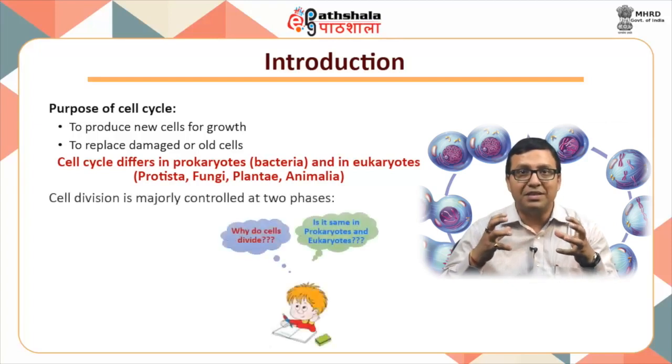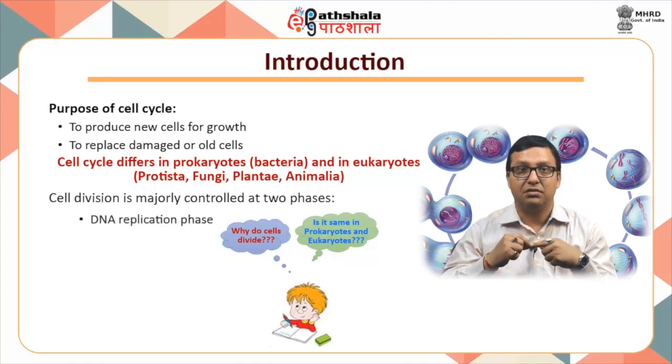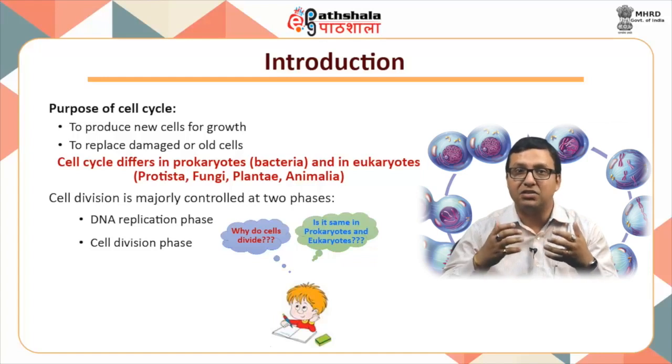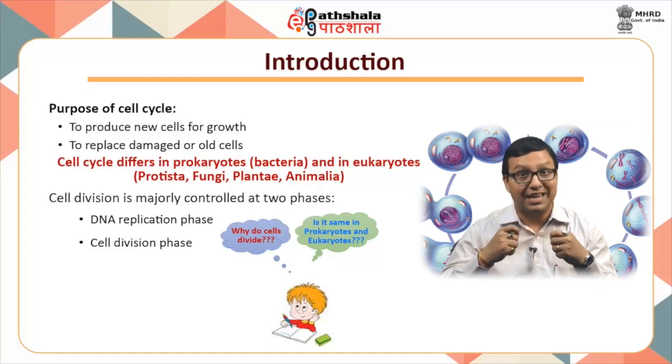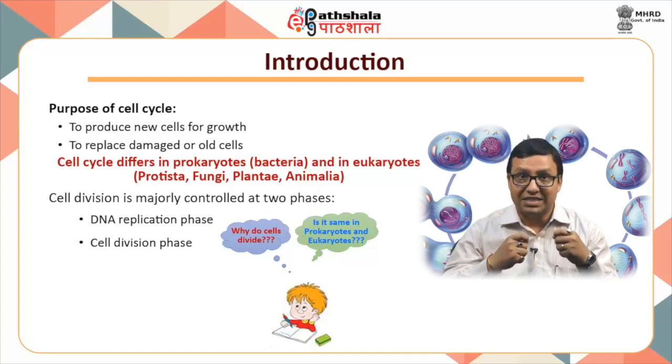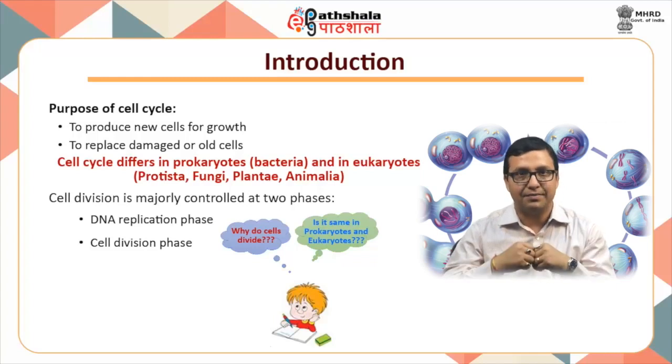There are two major phases of cell cycle. Number 1, DNA replication, and number 2, cell division phase. In DNA replication phase, the parental DNA is copied, and in cell division phase, the cell divides the cell components equally into two daughter cells.